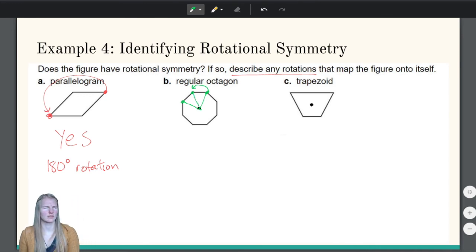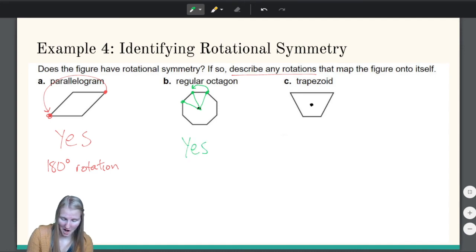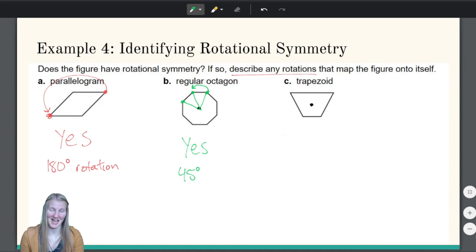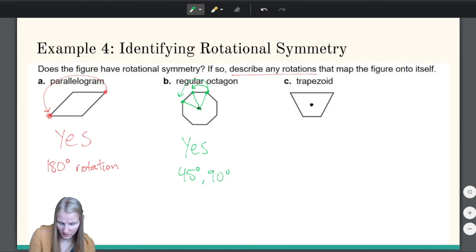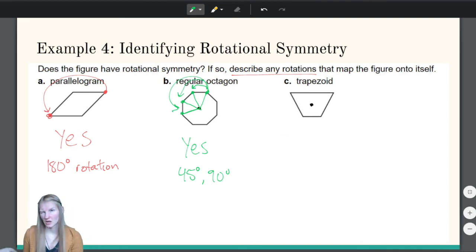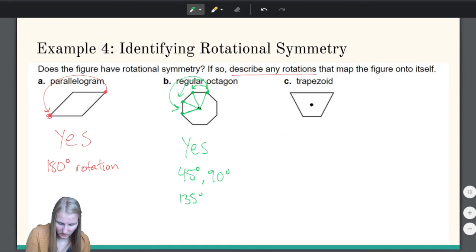What is half of 90? 45. The way I remember that is half of a soccer game is 45 minutes, and soccer games are 90 minutes. Okay, so yes, 45 degrees. It would also work with 90 degrees. It will also work with 45 plus 90 degrees, which is 135 degrees.